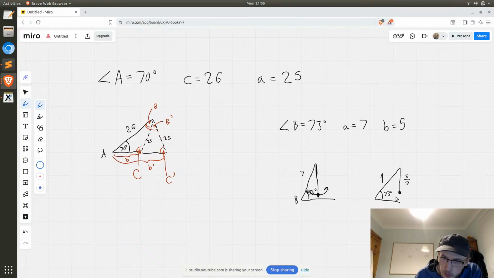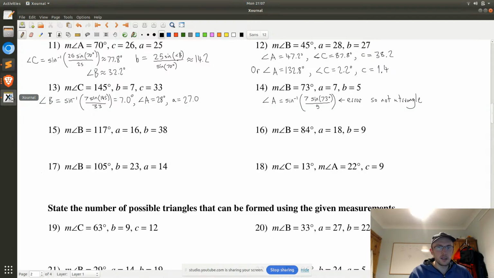And of course, that's not possible because sine of 73 degrees, damn it. Thought I understood it then. Okay, I guess I don't. I'm just dividing everything through by 7. Okay, maybe I'm just not going to get it just this very second.